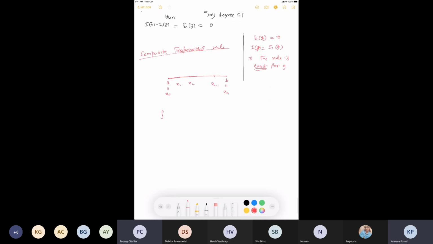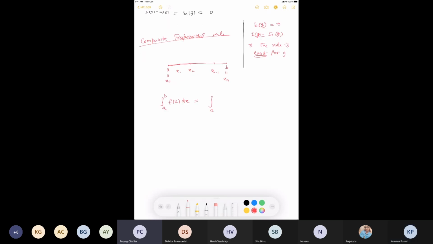In a way, what we are saying is that we have to approximate the integral of this function over the interval AB, but I'm going to break the interval AB into subintervals. So this integral value is the same as the integral of f(x) from x0 to x1, and then the integral of f(x) from x1 to x2, and this sum goes up to the integral of f(x) from xn minus 1 to xn.